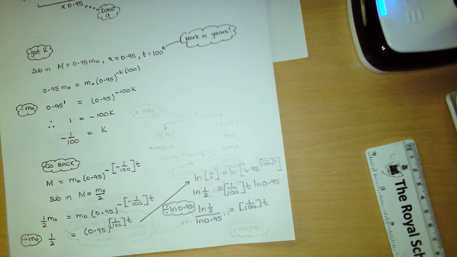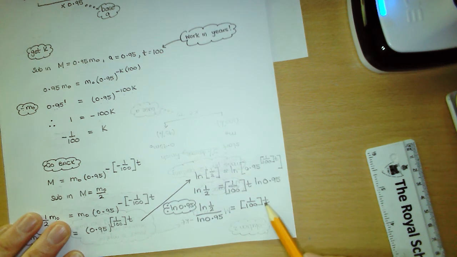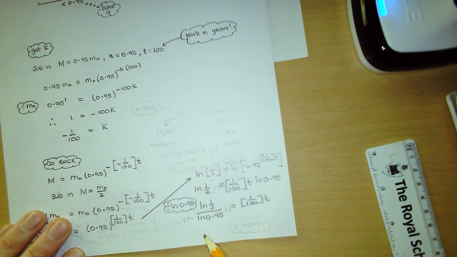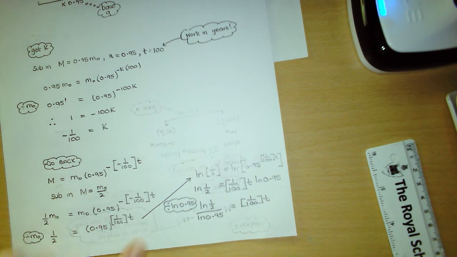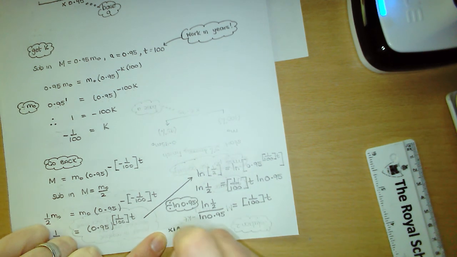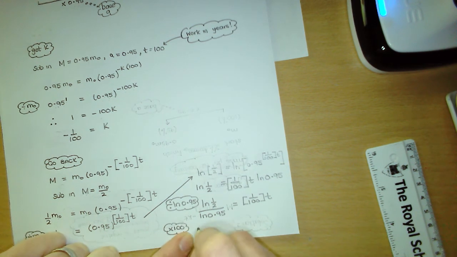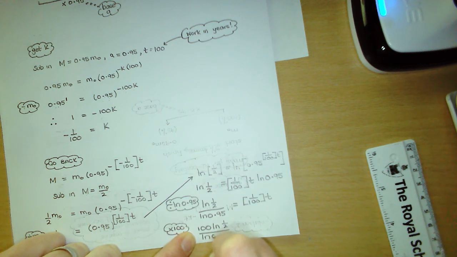Okay, now 1 over 100 multiplied by t is just t over 100. So what I'm going to do now is multiply both sides by 100, and that will cancel this 100 down there. So we're going to get 100 times the natural log of a half over the natural log of 0.95, and that's just going to equal t.